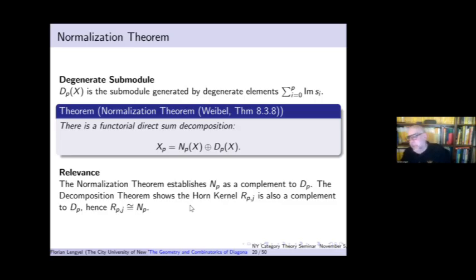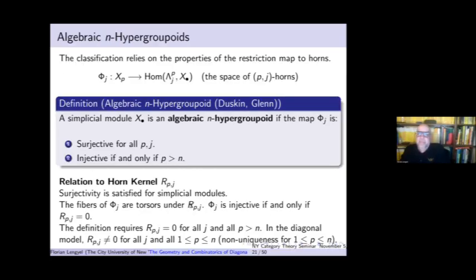So it's isomorphic to the normalized complex. So we'll be able to compute the rank of this. So we have to define an algebraic n hypergroupoid. This is again the usual setup.